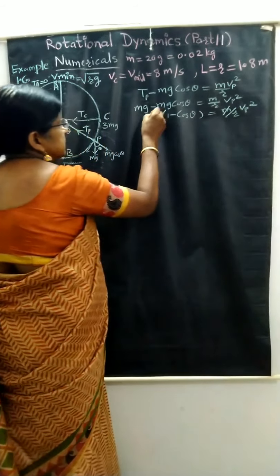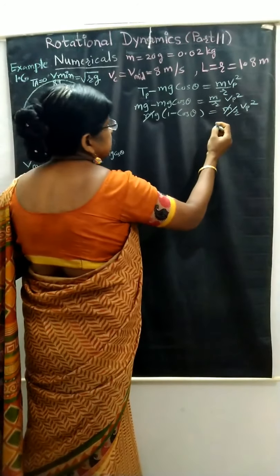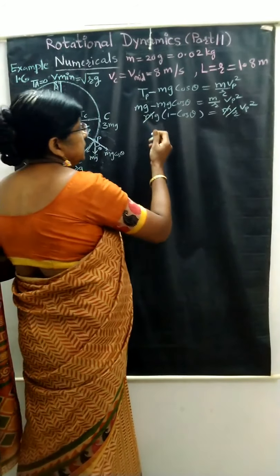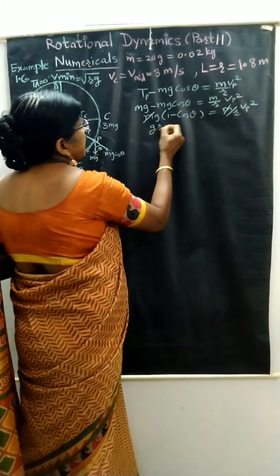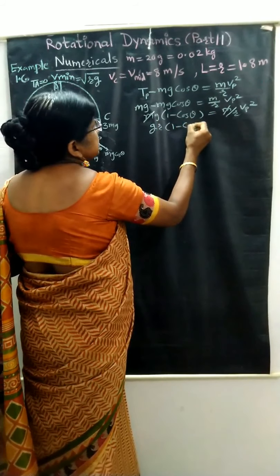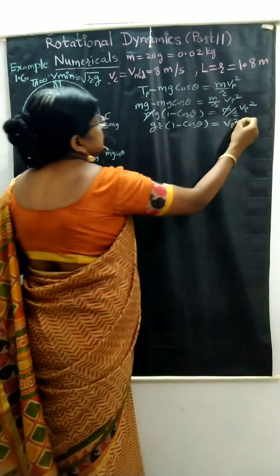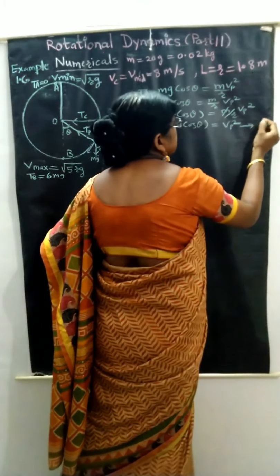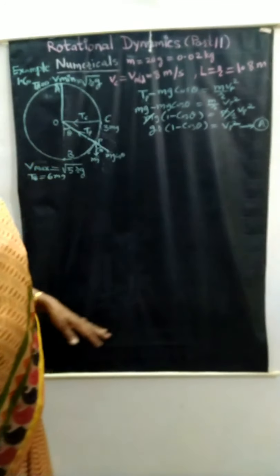Now m on both sides will cancel, and for Vp square we have to transfer this r to the left hand side so that we get gr in bracket 1 minus cos theta is equal to Vp square. So this value we will have to use later on. So let us mark it as equation number A.